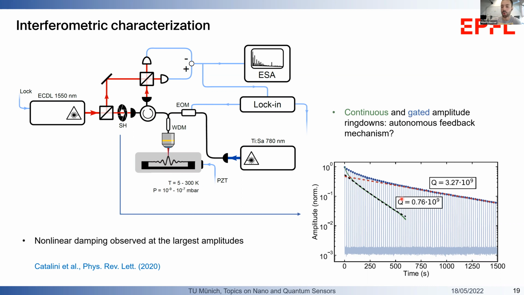But for all the data points that I showed before and will show later, we do these gated measurements to be as least invasive as possible for recording the mechanical ring down.